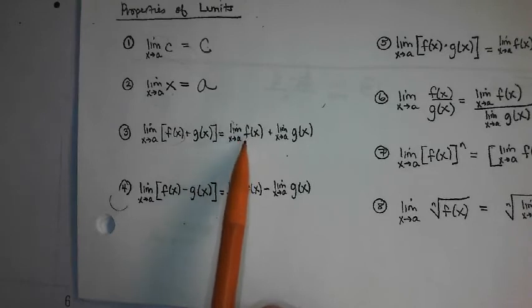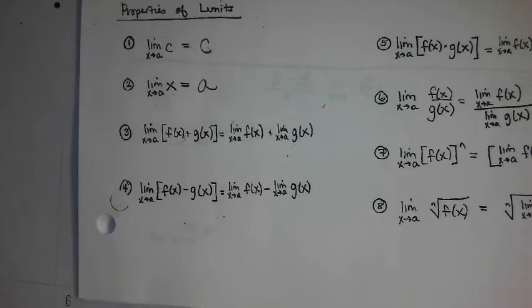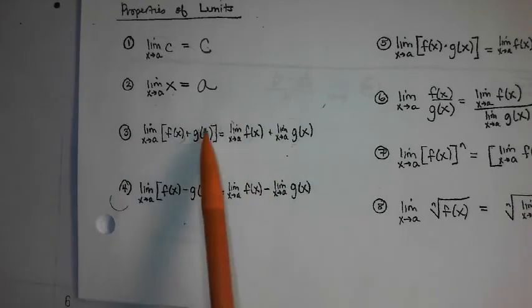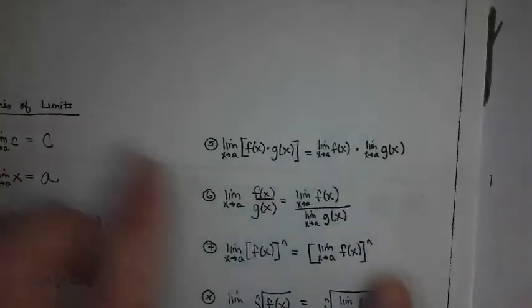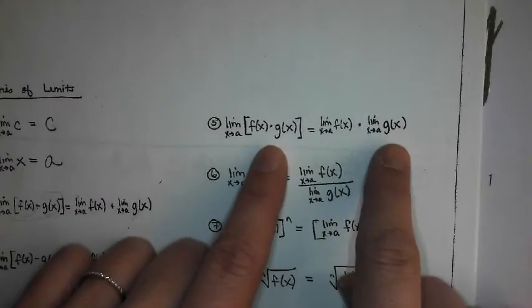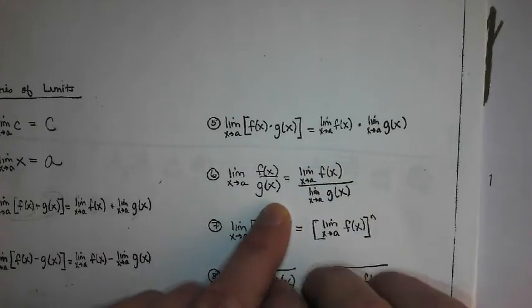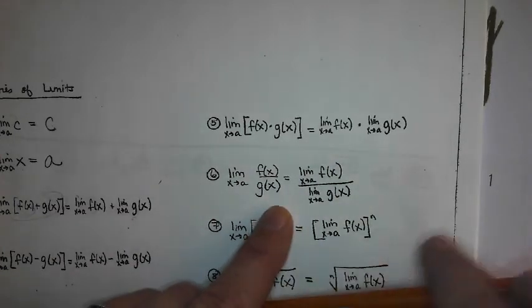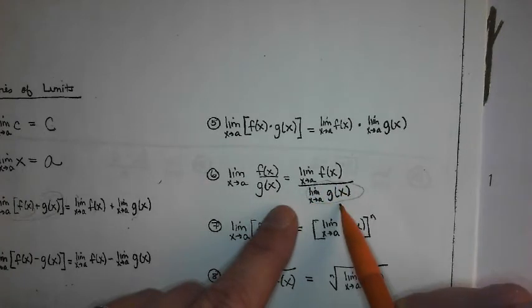But you can take the limit of each function in isolation, and then when you add together those two individual limits, it will give you the limit of this whole thing in its entirety. Same thing with subtraction. Number 5, same thing with multiplication. Number 6, same thing with division, as long as the limit here obviously is not 0.